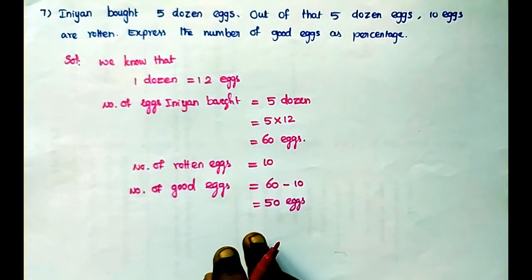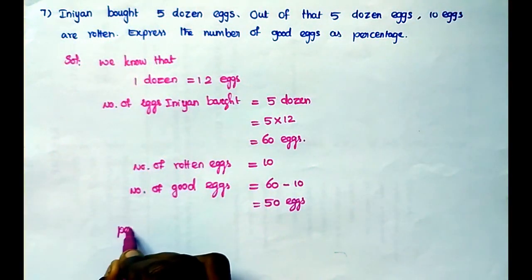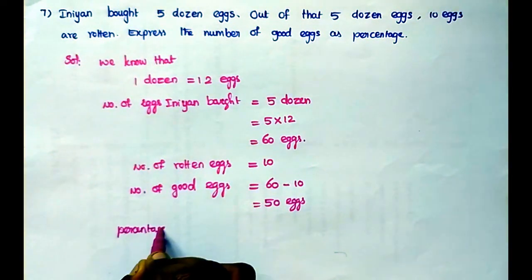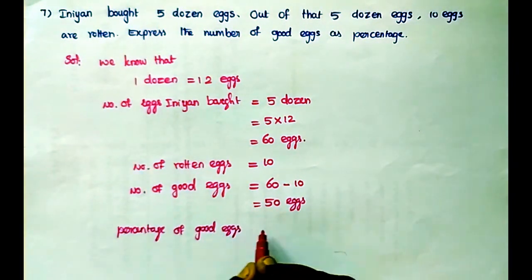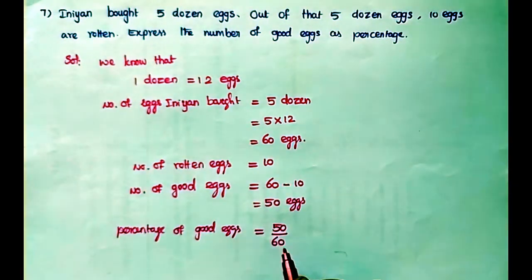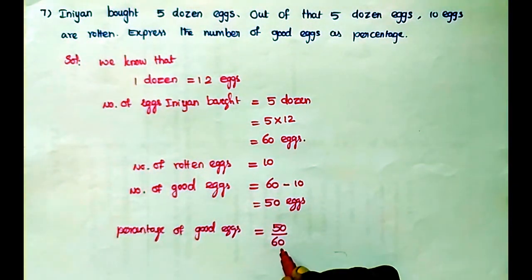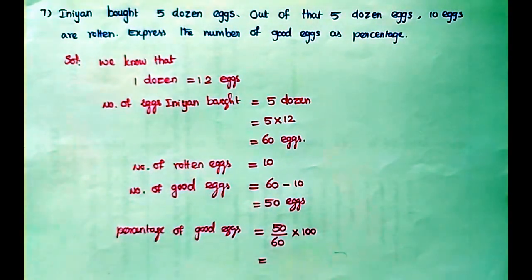We have to express this as percentage. Now percentage of good eggs equal to 50 out of 60, that is the fraction. Out of 60, 50 were good. Into 100 means we get the percentage.